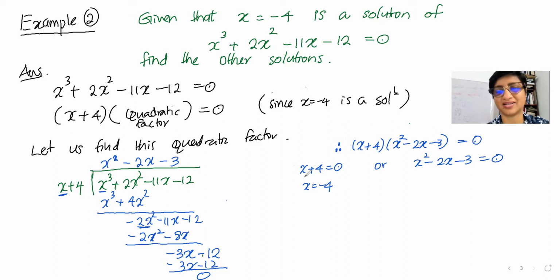This part we know already, so we don't need that. We just have to proceed with this. How do I solve this quadratic? Again, it doesn't look like it factorizes nicely with real numbers, so let me use the formula. Let me change the color. To use the formula, a is 1, b is minus 2, and c is minus 3.